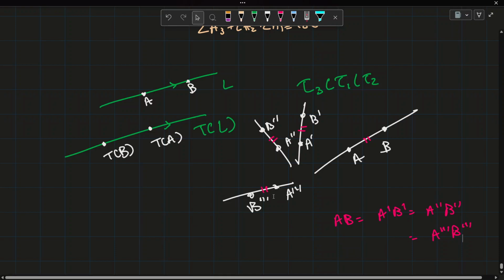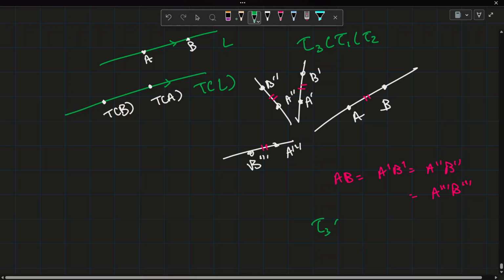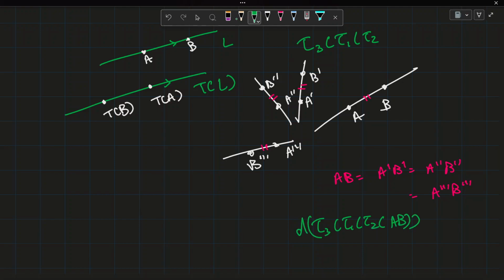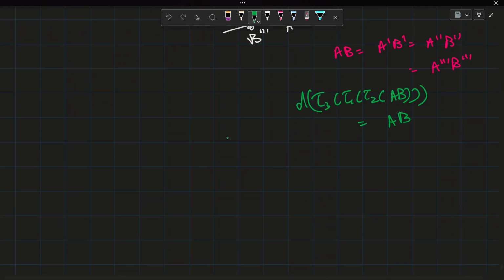This is basically a simple property of rotation which we can prove very easily. Hence, we conclude that tau 3 of tau 1 of tau 2 of, say, AB, the distance of these two will become equal to the original distance AB. Okay. So this was the second proposition.